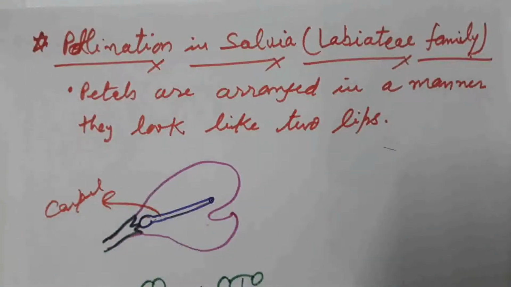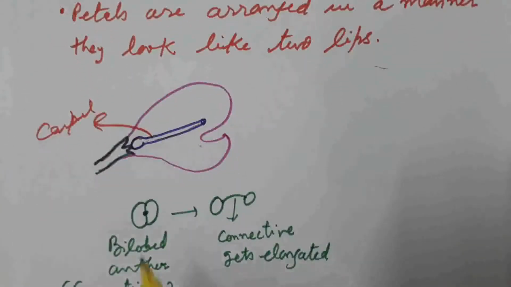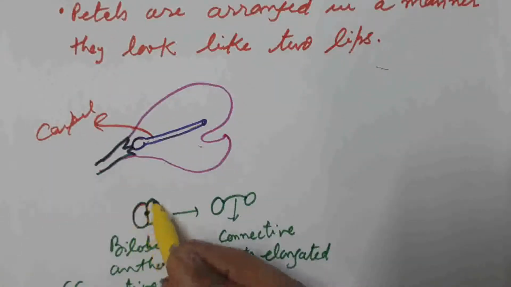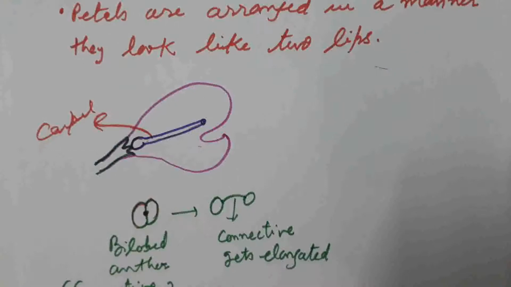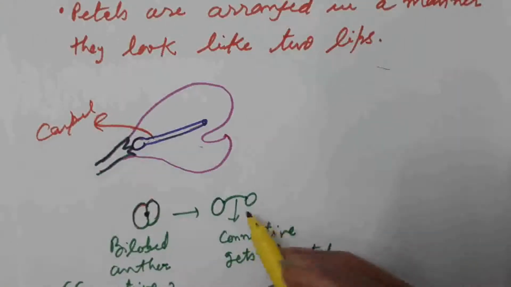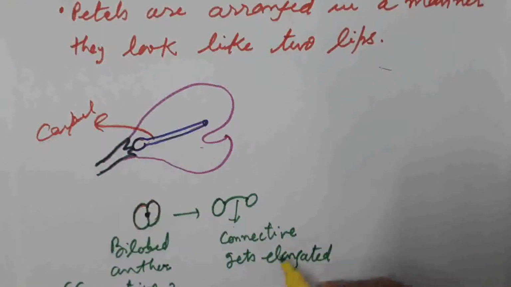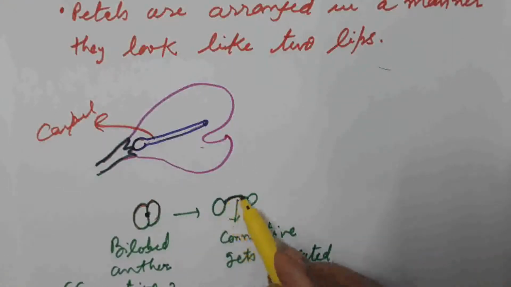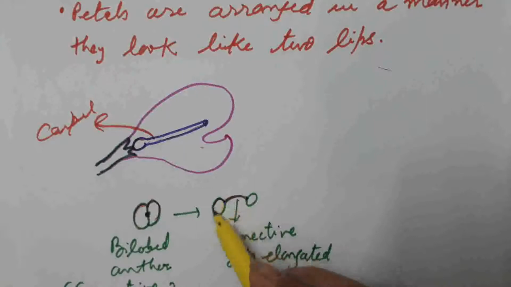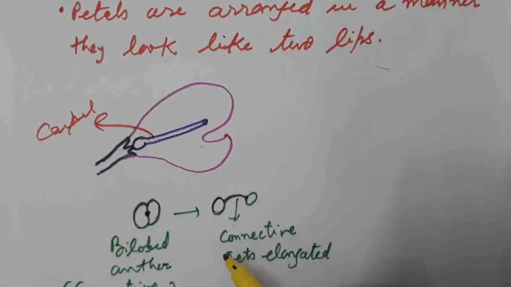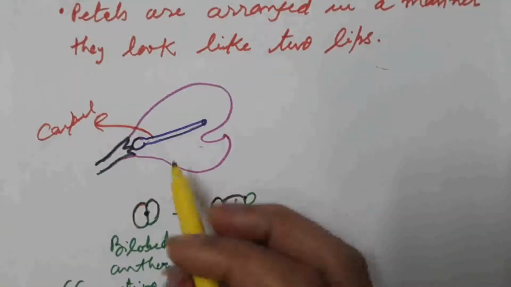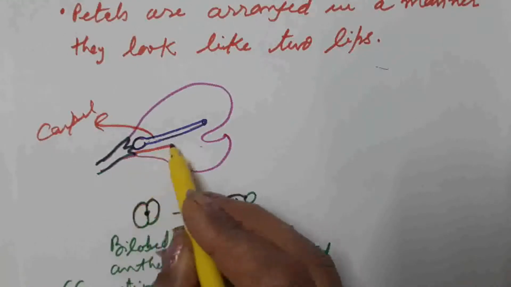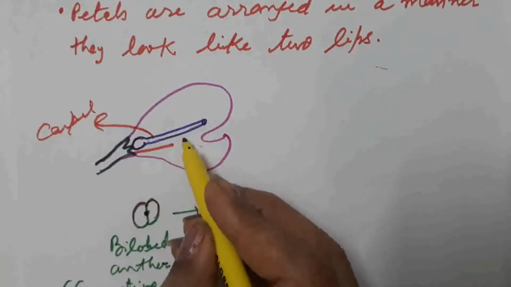In this case, what happens? This is the bilobed anther, which is connected with the help of the connective. In the case of salvia, this connective becomes elongated, and on this elongated connective, two anther lobes are present at some distance. Inside the flower, this is the filament and this is the connective.